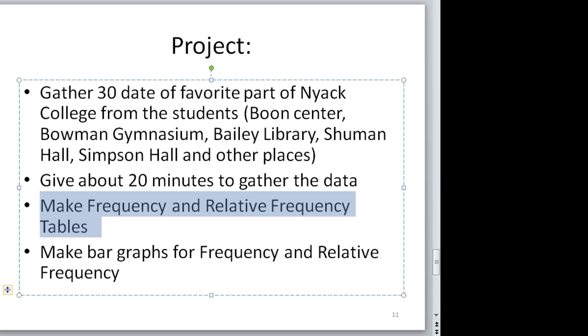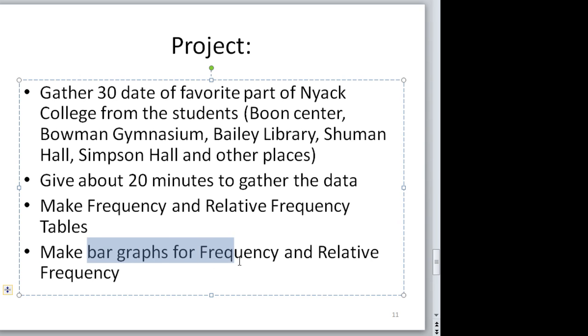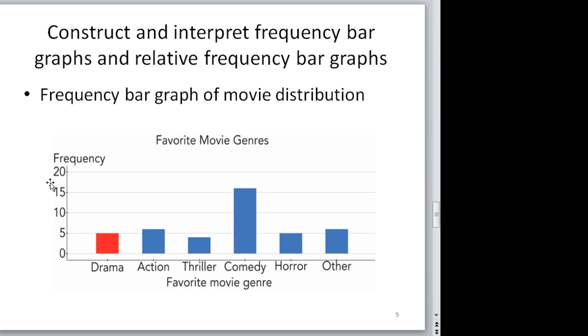Once you set up that table, now I also want you to make two graphs. One's called the bar graph for frequency. So it looks like this, right? The actual frequency goes here, different types of buildings, right? The library, the Schumann Hall, the Boone Center, it goes all here.